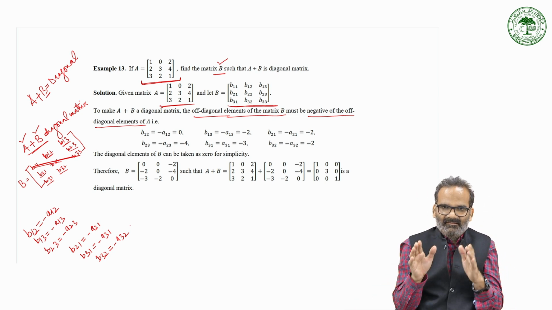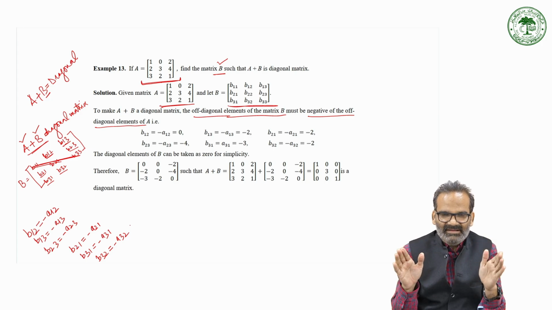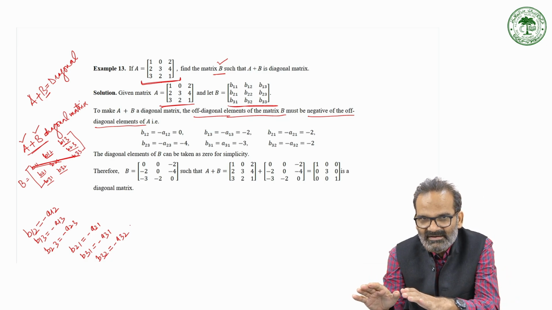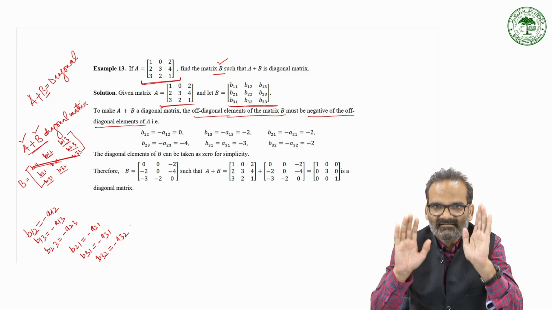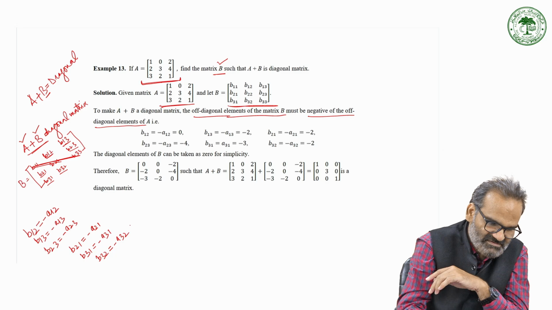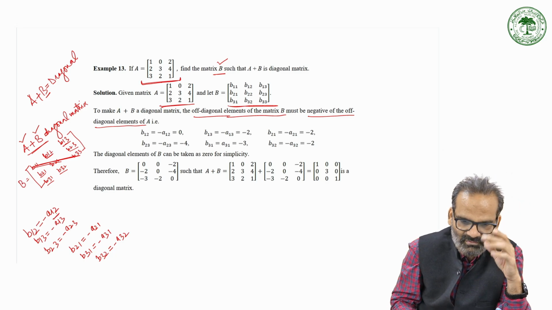The elements of the matrix B other than diagonal elements should be negative of the elements of A other than diagonal. This is what I want to say. So B12 must be equal to minus A12, right? What is the value of A12 here?